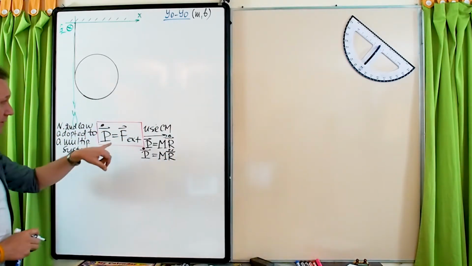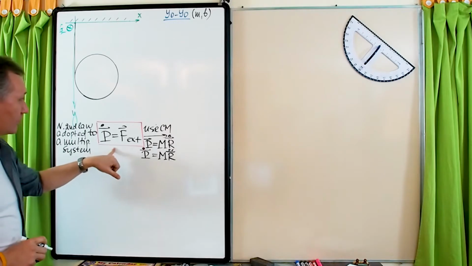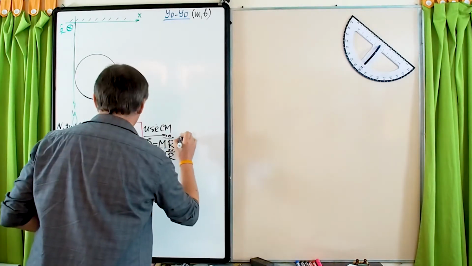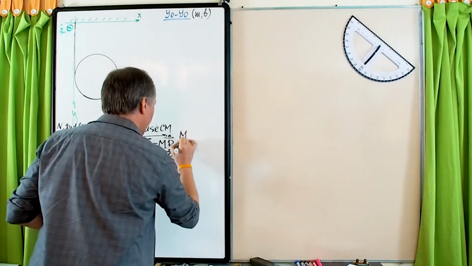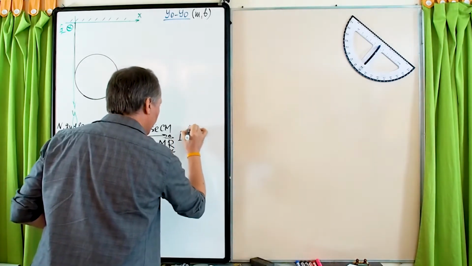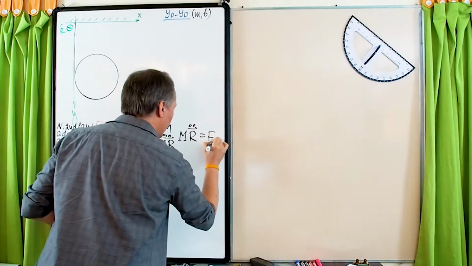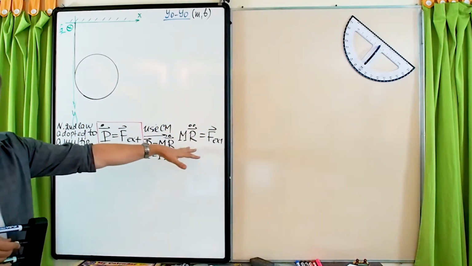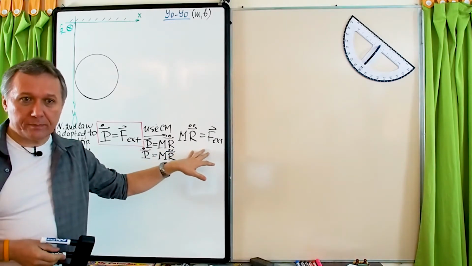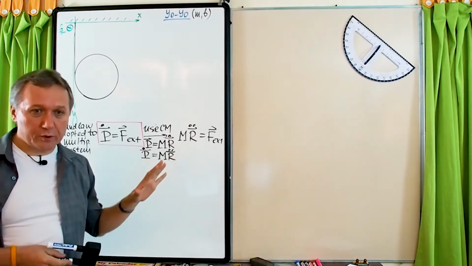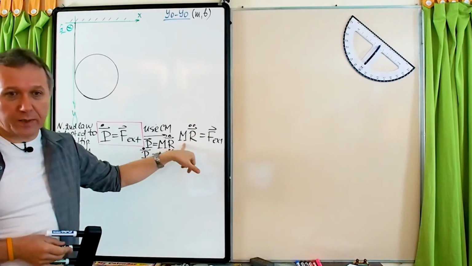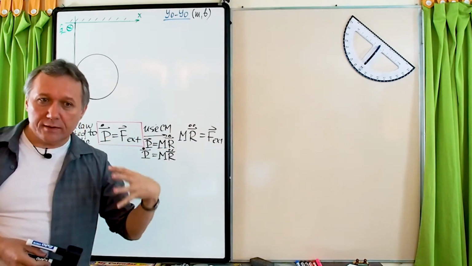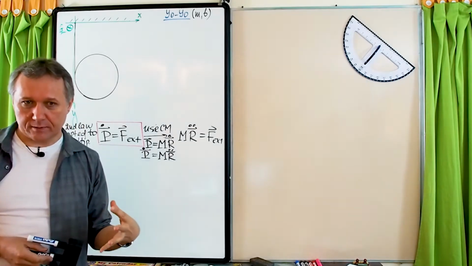As a result, this can be rewritten as m r double dot equals F external. If you solve this equation, as we discussed, you will get the trajectory of this fake particle with the total mass, and that's what we called the translational motion of the system.